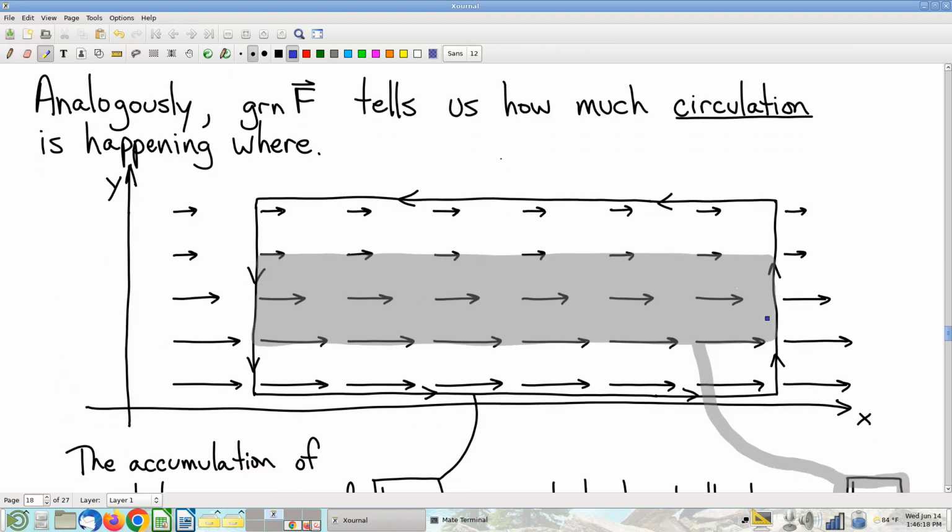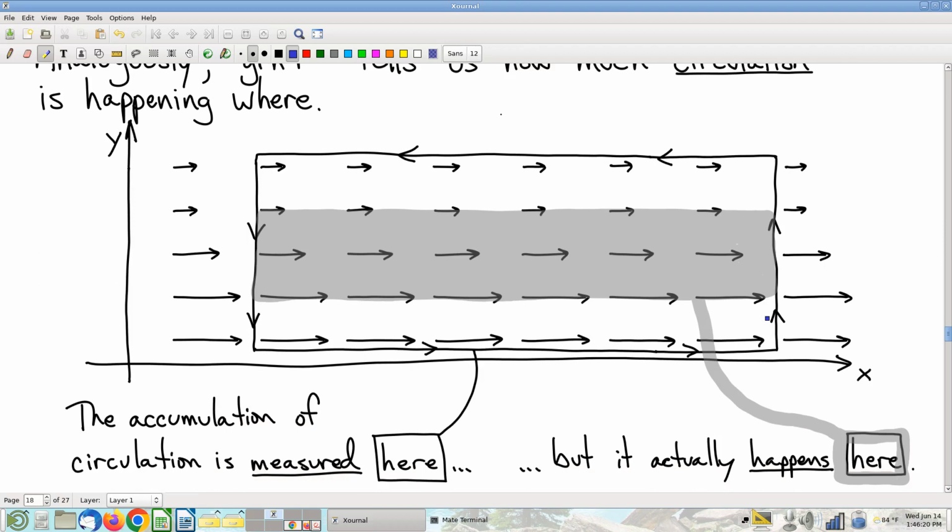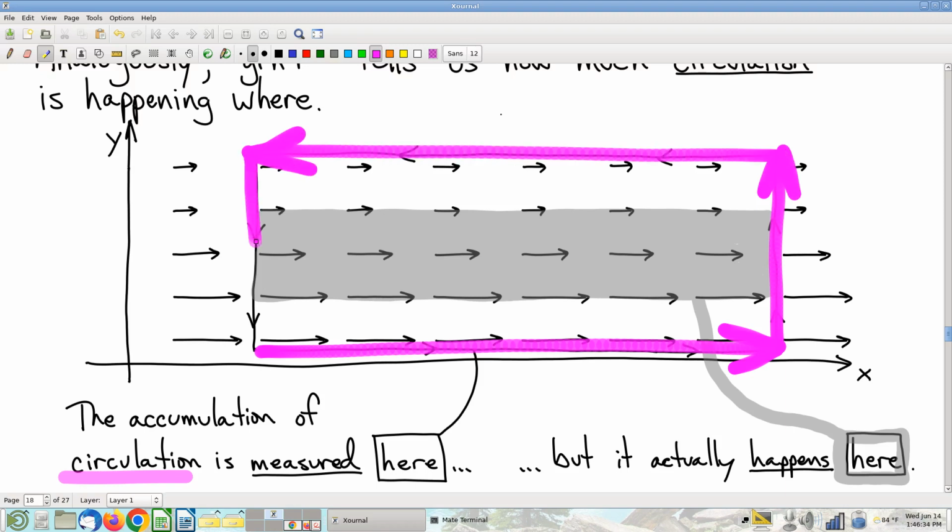And we can do the same thing with Green's operator. Now, this is, again, going to seem weird, but we've talked previously about how circulation is something that we compute by moving along the boundary. That's kind of the definition of it, in fact. So circulation, we compute it on the boundary, we measure it on that boundary, but remember, I'm pushing this idea that that's not really where it's happening.